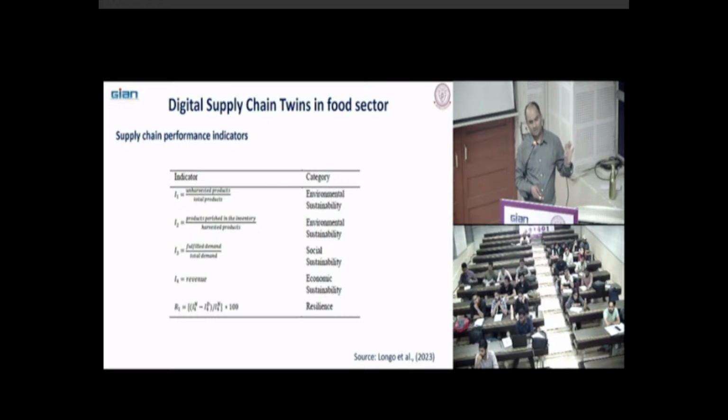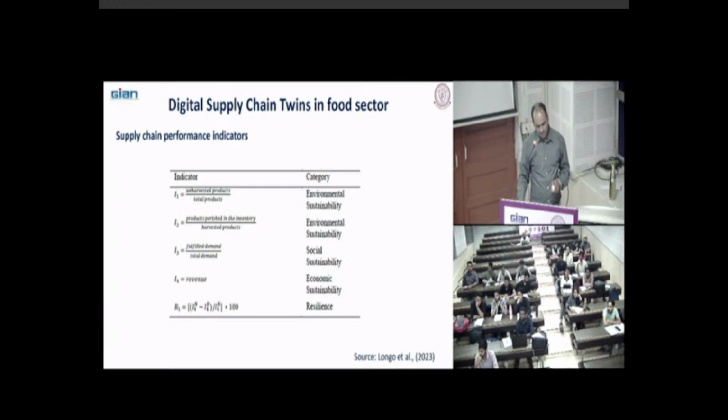Food wastage. Suppose total products are 500, and out of that 500, you don't harvest 200 or 300 kg, whatever it may be. Why is it related to environmental sustainability? Because of food waste. You are wasting the food.